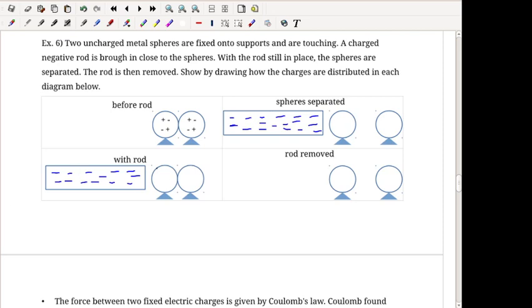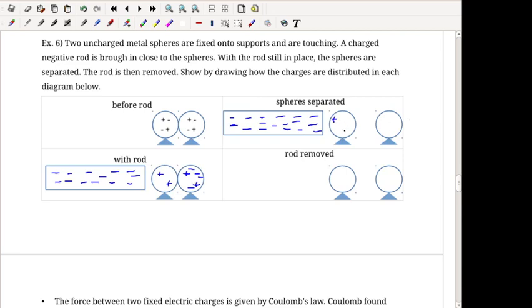So my negative rod comes in close. My positive charges are not free to move in my spheres, but my negative charges are. So with the rod close, the negative charges from all of them will run as far away as they can get onto the second sphere. The rod is still there when this sphere is moved away.